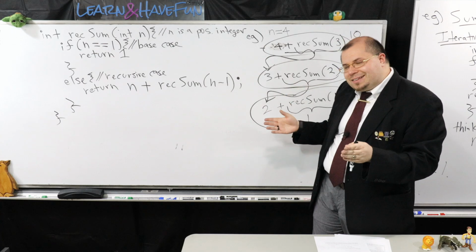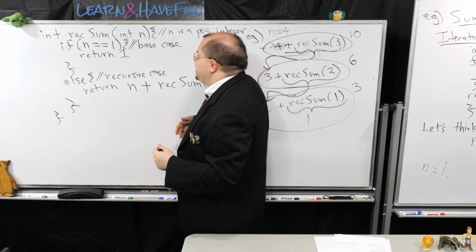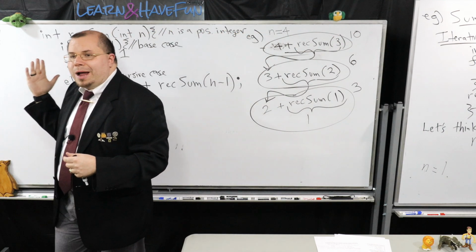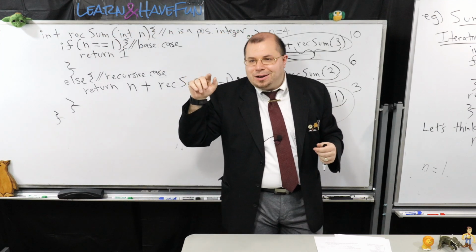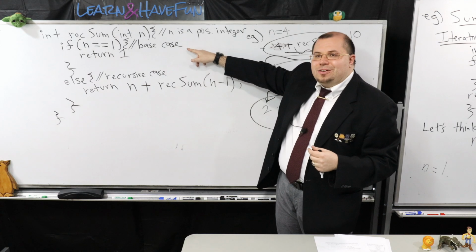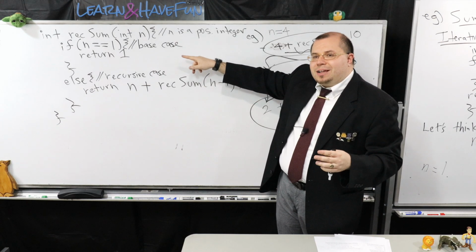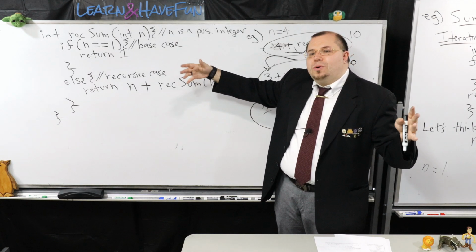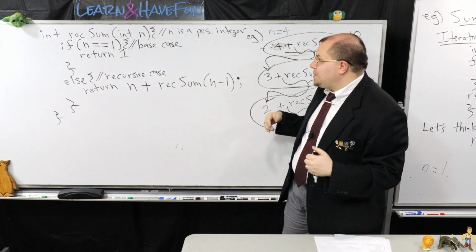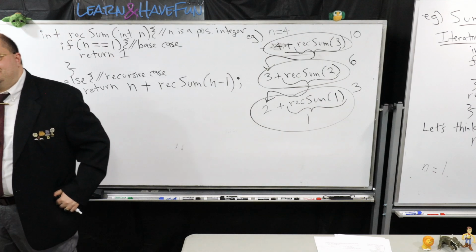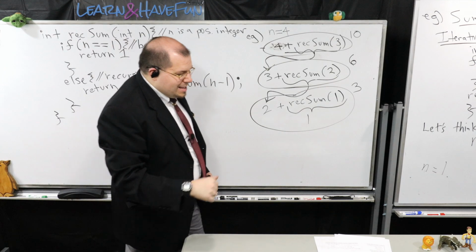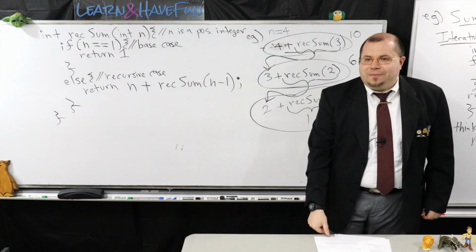But you can have it where you call this on rec sum of 1, and then instead of checking when n is equal to 1, you would check when it's equal to whatever the upper value would be. In that case, you would have to reformulate this a little bit. But yeah, I think this is a much more natural way of thinking about it.